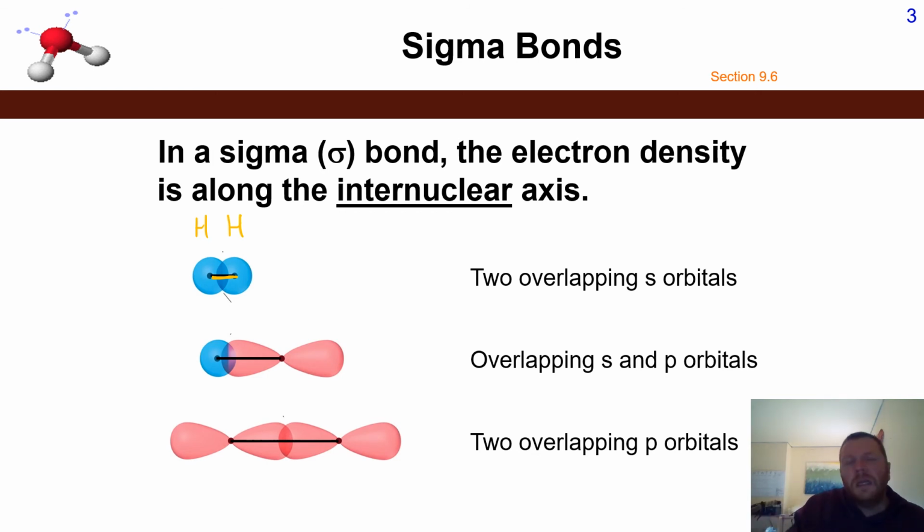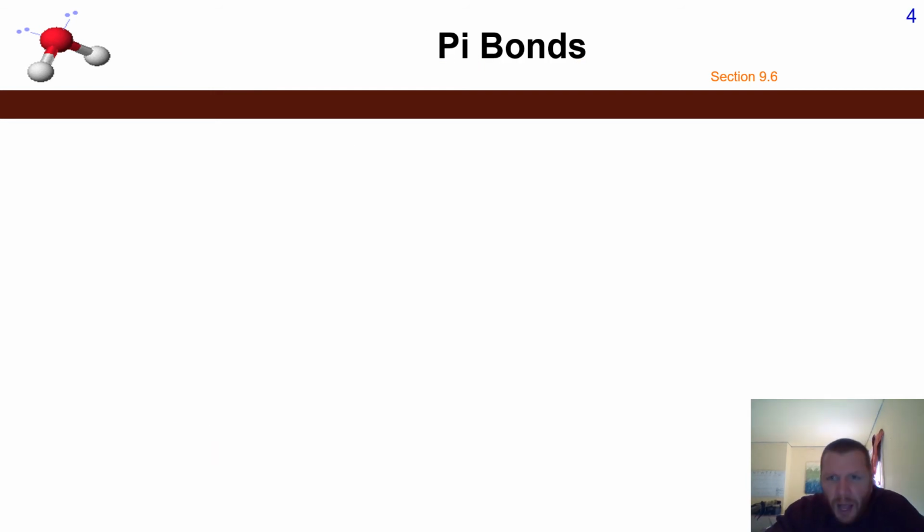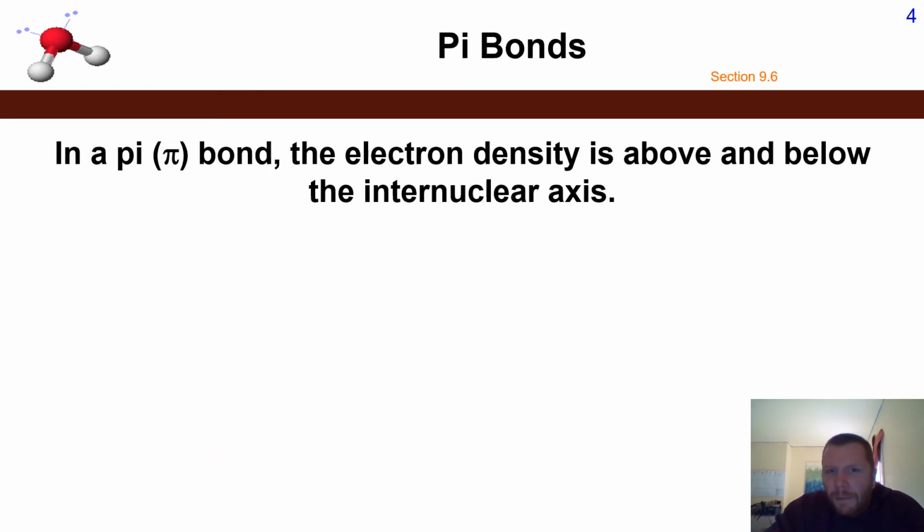The shortcut for sigma bonds is to define a sigma bond as the first bond, the first bond between two nuclei. In a pi bond, the electron density is above and below the internuclear axis.